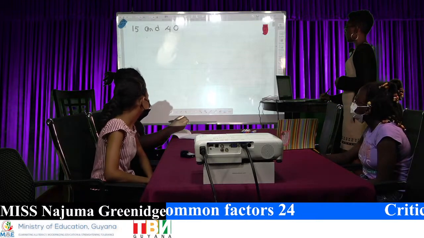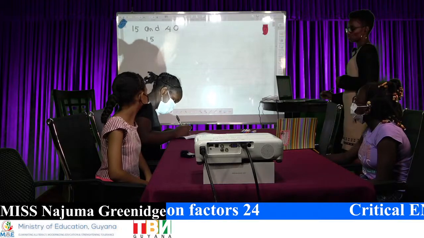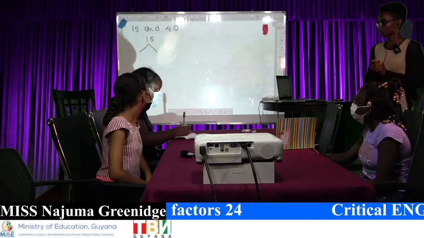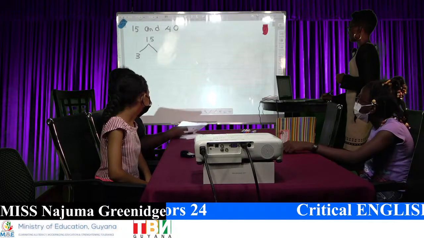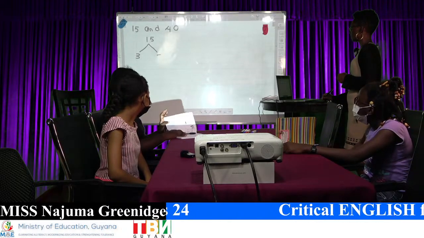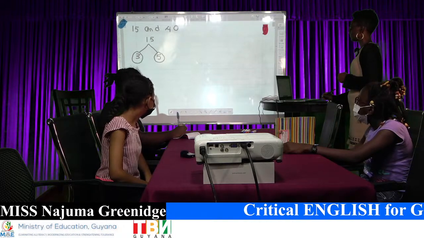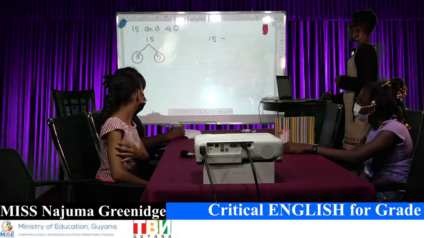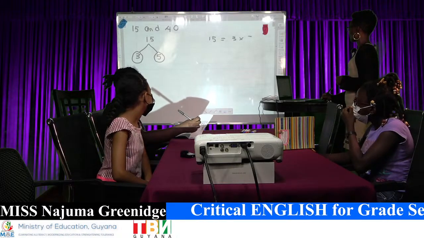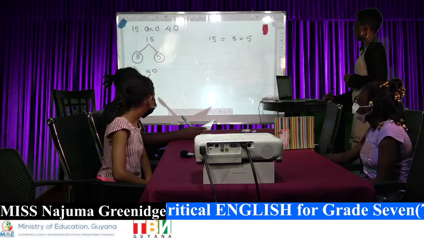So let's go. 15. Can we start off with a 2? No. What's the next prime number? 3, right? So 3 times what? 5. Any other prime? No. So 15 equals 3 times 5. Great. What about 40? 40 is even.